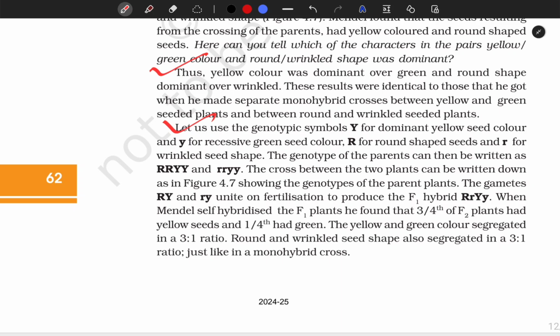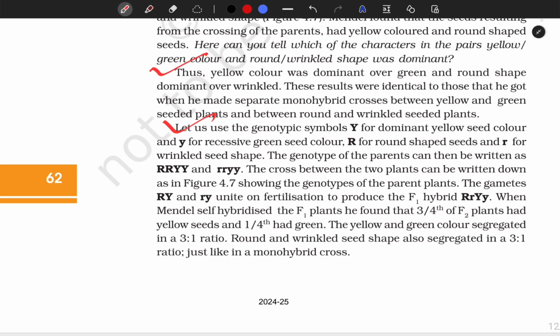The genotype of the parents can then be written as capital R capital R, capital Y capital Y, and small r small r, small y small y. The cross between the two plants can be written down as in figure 4.7, showing the genotypes of the parent plants. The gametes capital R capital Y and small r small y unite on fertilization to produce the F1 hybrid capital R small r, capital Y small y.